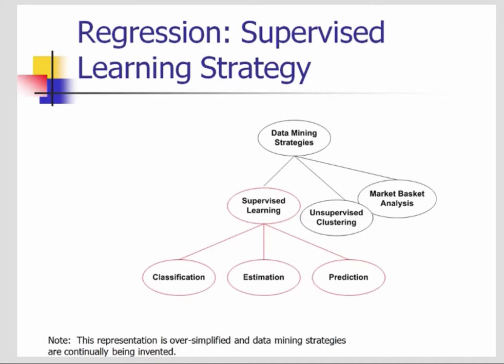And if we look back to the diagram that we had very early on in this class, we remember that we have supervised learning techniques, unsupervised techniques, including unsupervised clustering, which we have now worked with, and market basket analysis, that is an association type analysis, where we consider what has been purchased together.